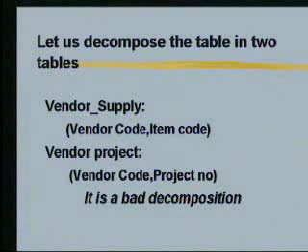However, what we find on taking the join of these two tables is that we will not be able to make the original table. This is what you have to experiment. So if you are not able to make the original table, what is the solution?